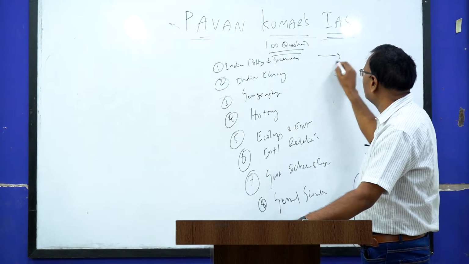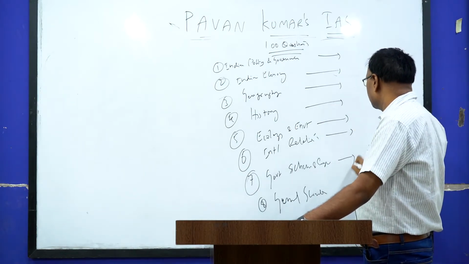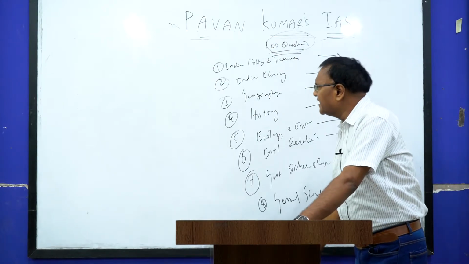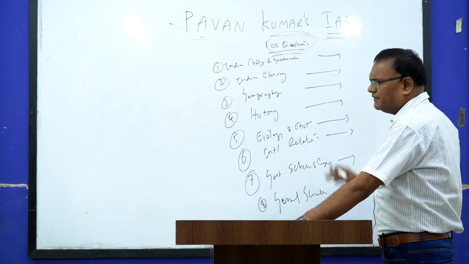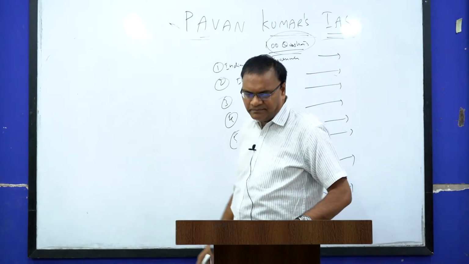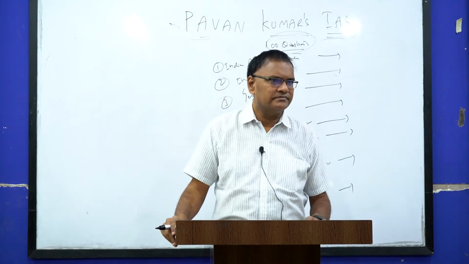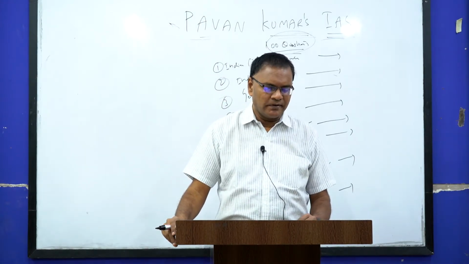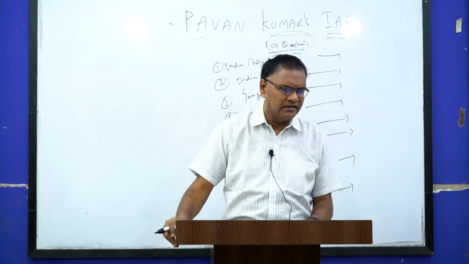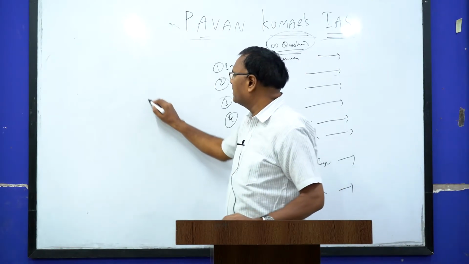How many questions are asked from these areas out of 100 questions? If we take polity and governance, every year it varies. Sometimes UPSC can give more importance to science, sometimes to economy, sometimes to geography, sometimes to history.